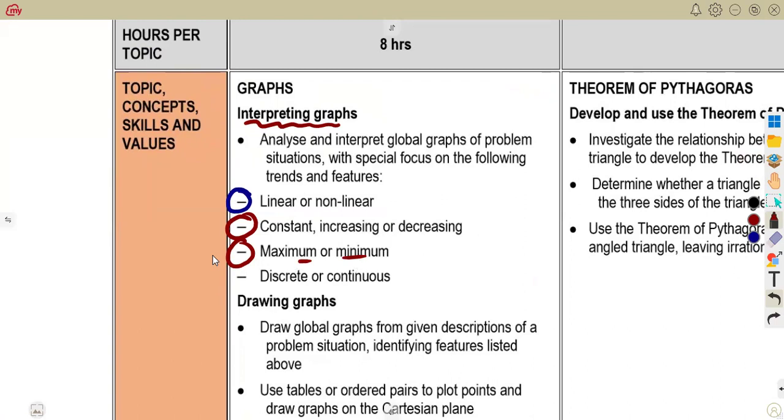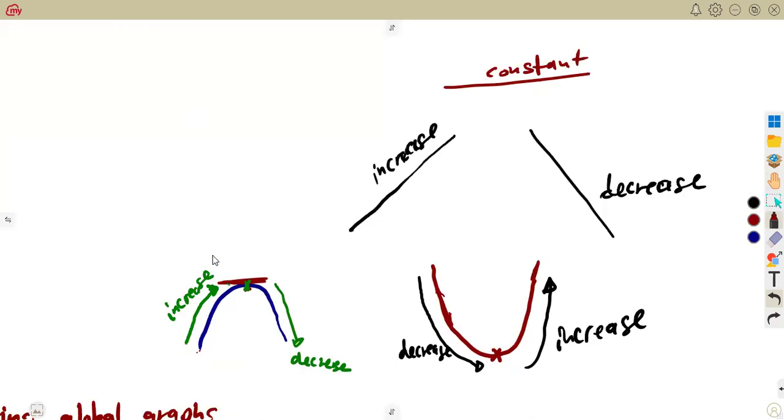When we say the graph is at its maximum, where is it? This is like the example I was giving of climbing a mountain, going to the top. Then you start to go down. When you are here, where are you?